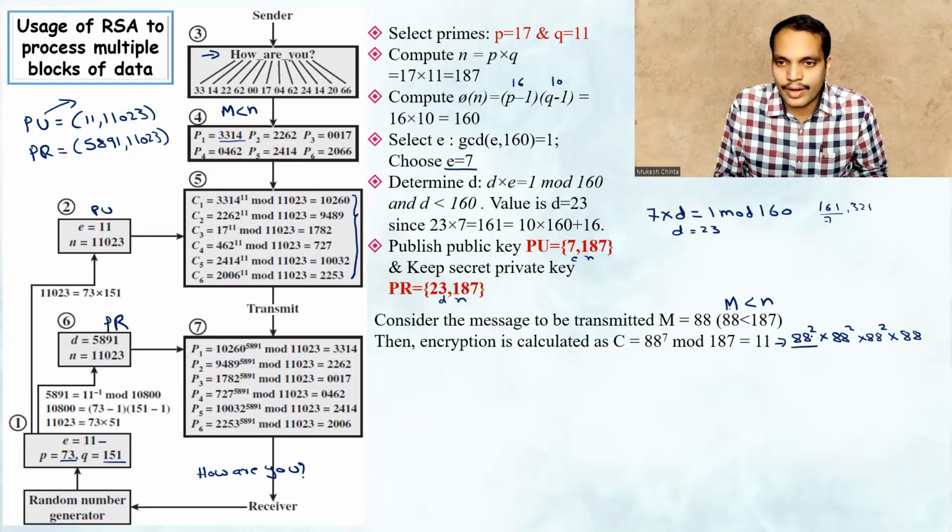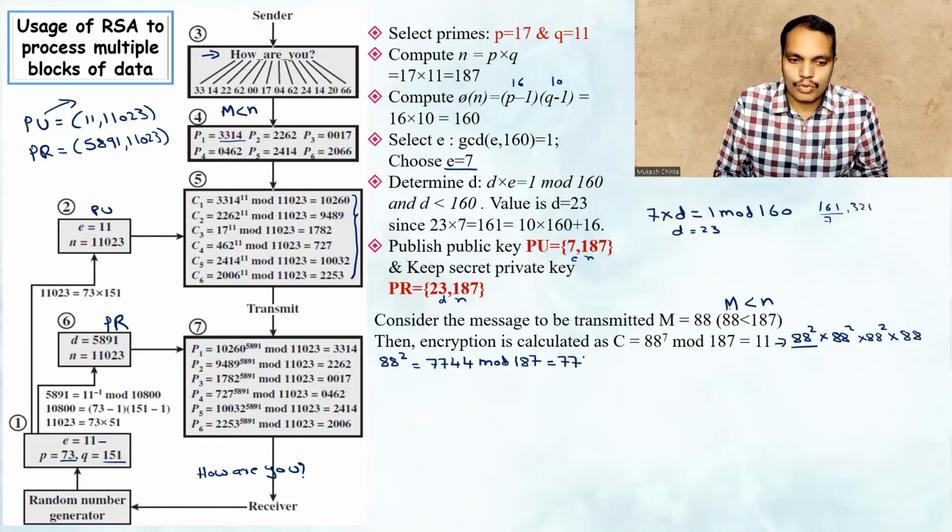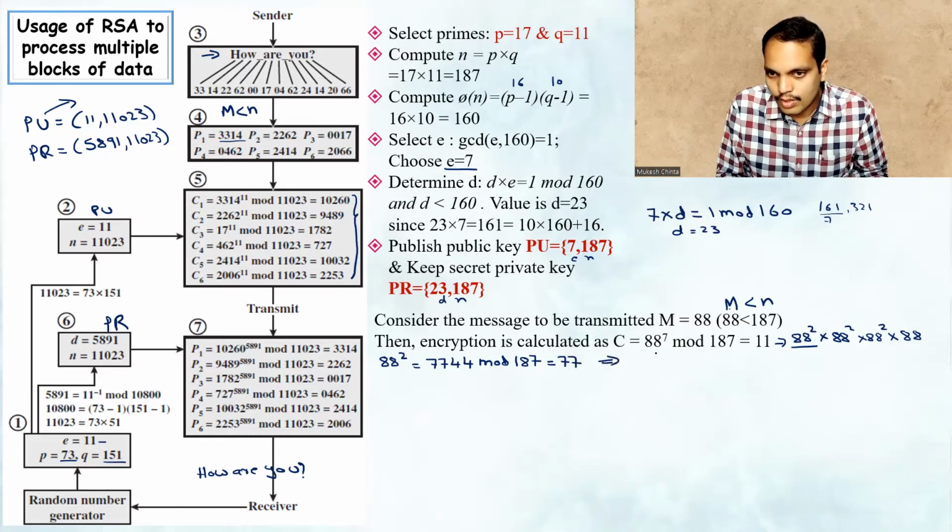So what is 88 square? 88 square gives me 7744 mod 187. If I perform the calculations with 187, I will get the value as 77. So this is 77, and doing the same calculations again I get 77, and then it is 88, because 88 mod 187 is 88 itself.